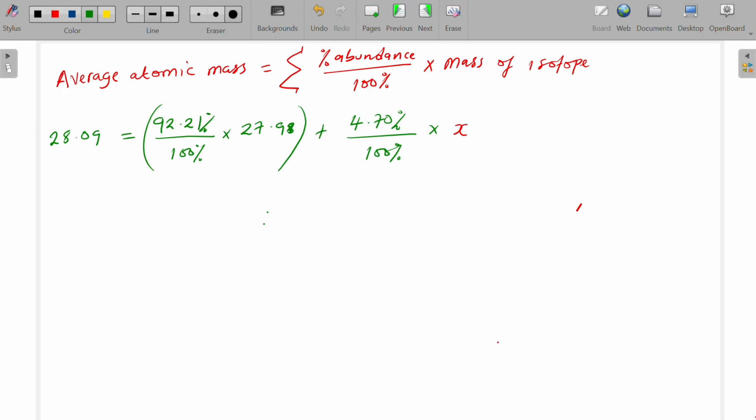That's what we'll have for the second isotope. Then the third isotope, this will be added to, its percentage abundance of 3.09%, divided by 100%, and multiplied by its mass, which is 29.97.